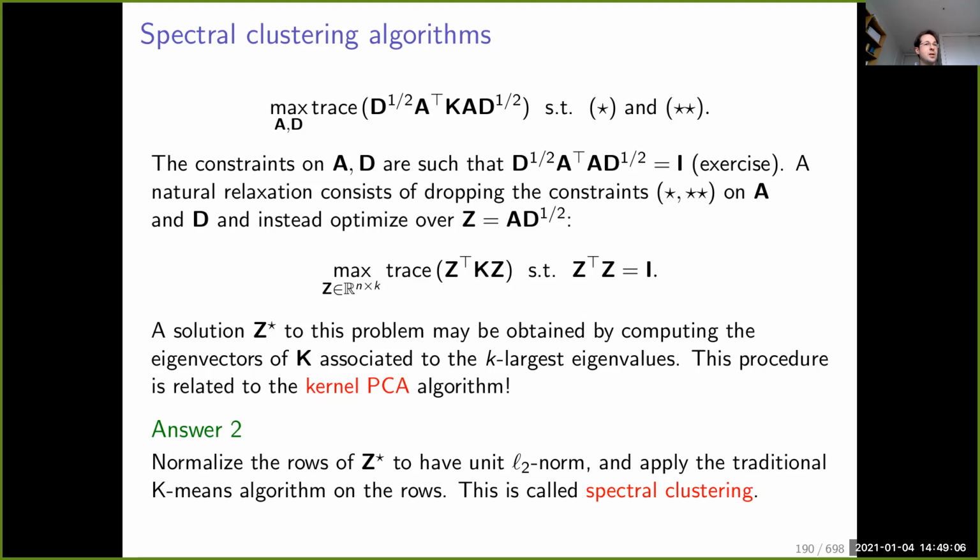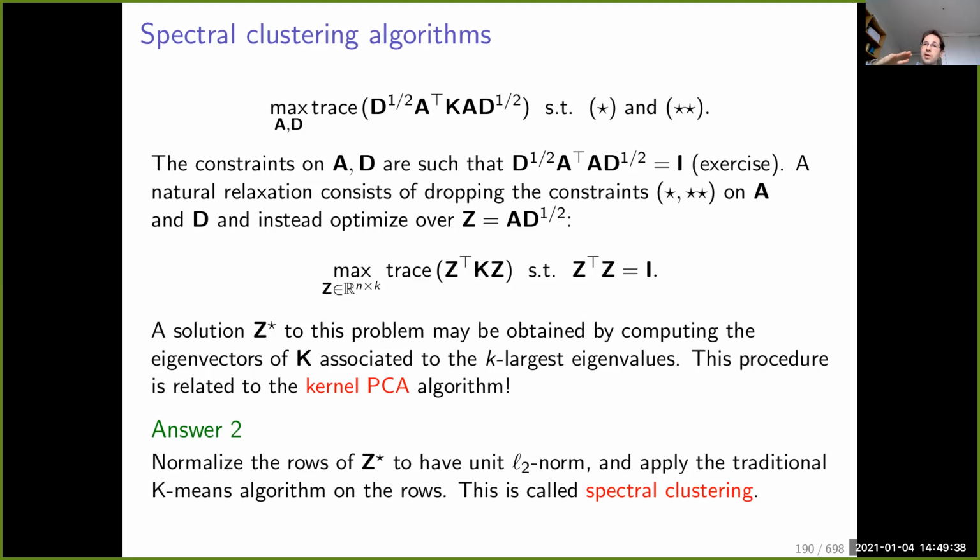But it turns out that there is something which is in fact more classical and even more effective. Binarizing is fine, but it is not perfect because we don't really take into account the fact that there are clusters that are larger than others. So what is also very classical is to consider that this matrix Z star provides us as well a low dimensional representation of every data point.